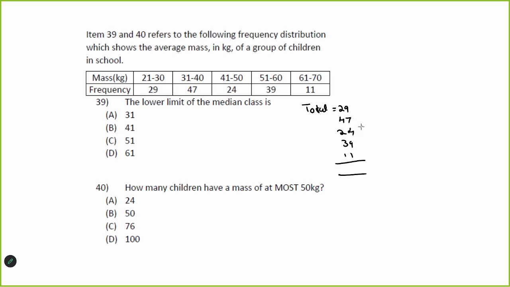Adding it all up, the total is 150, so the number of persons is 150. You want to know where your median class is: 150 plus 1 divided by 2 is 151 divided by 2, which is 75.5.